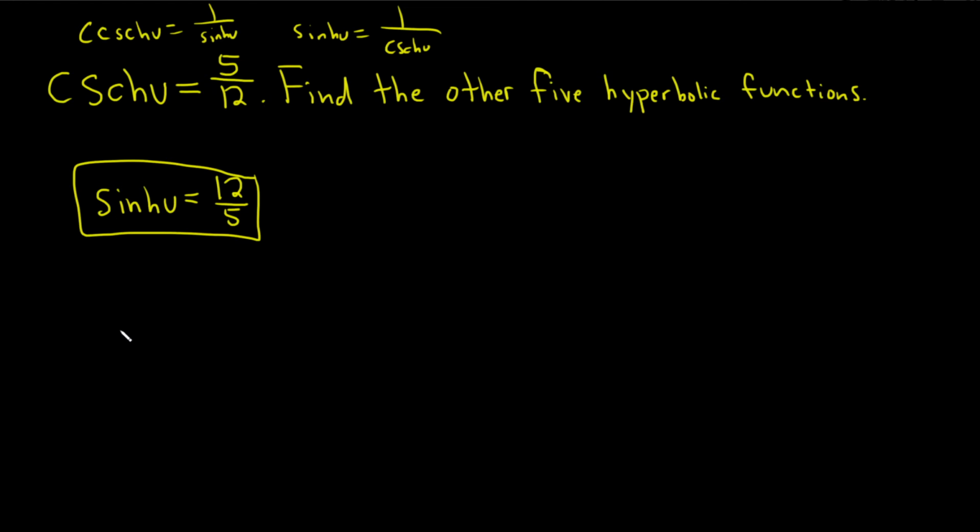Now that we have this, we can use a very popular identity to find the hyperbolic cosine. So the hyperbolic cosine squared of u minus the hyperbolic sine squared of u is equal to 1. Now we can take this and plug it in here and solve for the hyperbolic cosine.